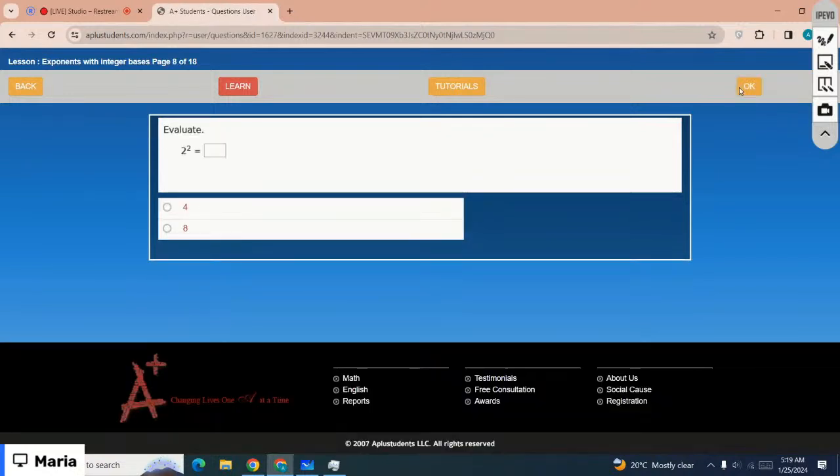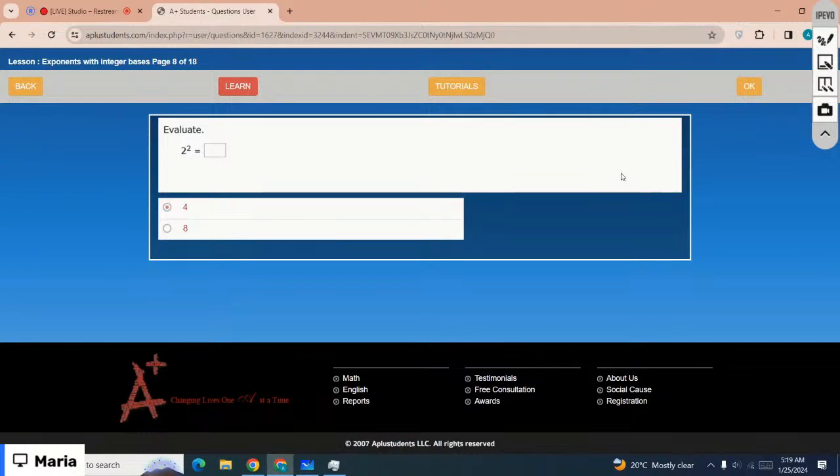The next one is 2 square. 2 square equals, yes it is 4. The correct option is 4.